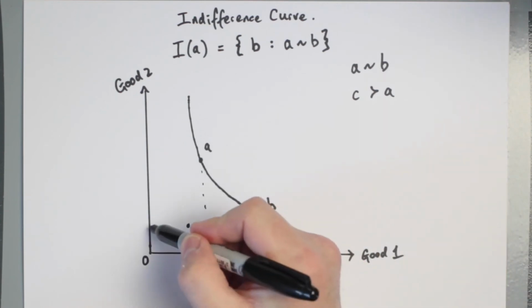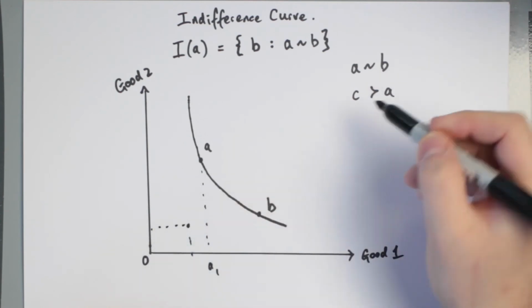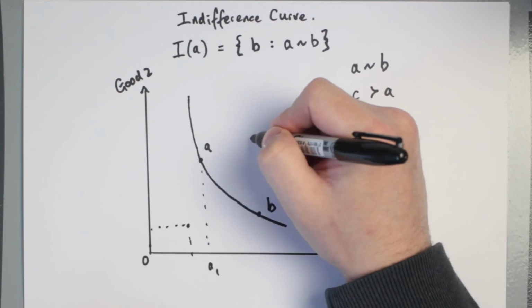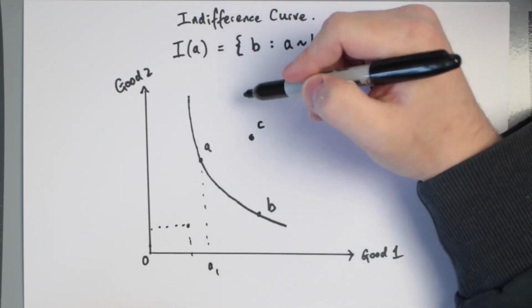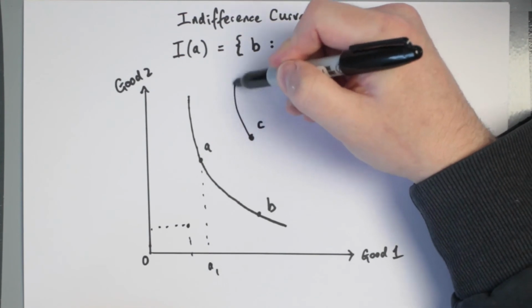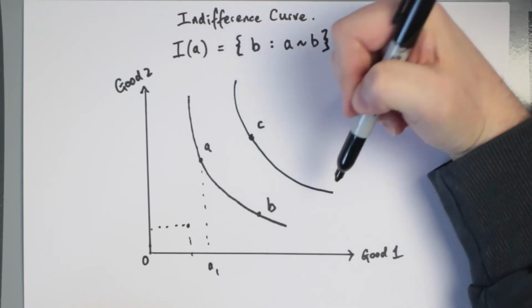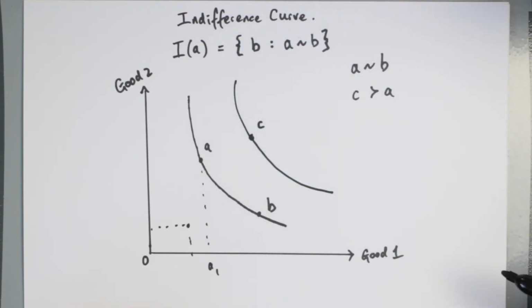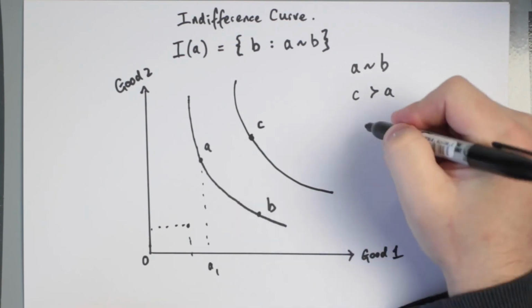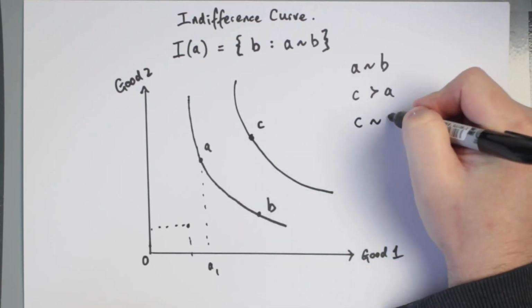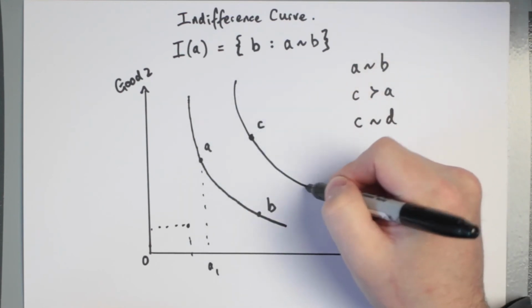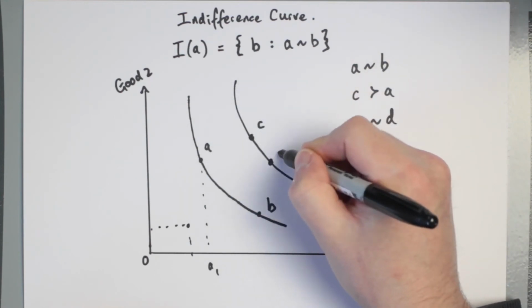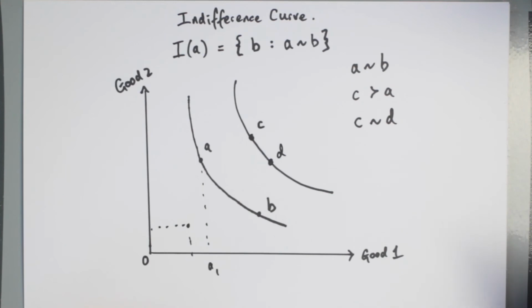And it has less of good 2 as well. So C is probably somewhere above this indifference curve, perhaps here, but it lies on another indifference curve that perhaps looks something like this. And if I write that the consumer is indifferent between C and D, then I know that D lies somewhere along this curve like this.